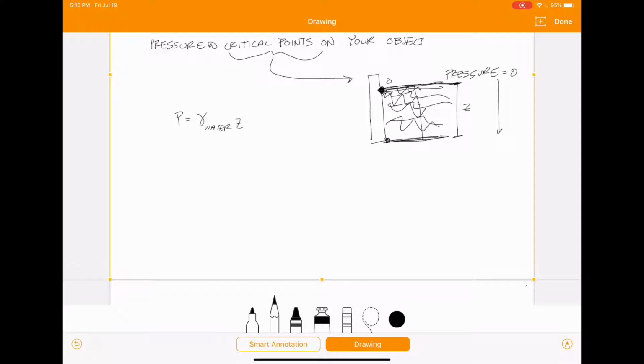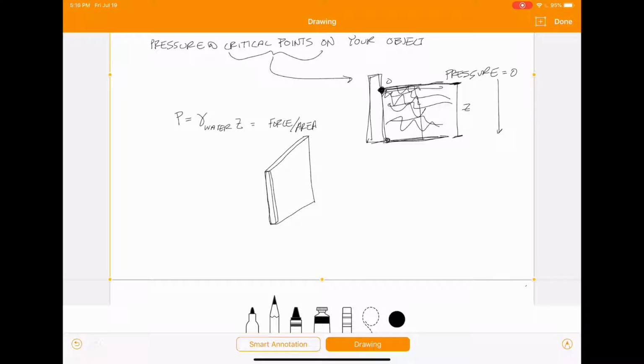So once you have your water pressure, this will give you units of force per area. So some area force. So if we draw a 3D version of this gate, so this gate here is this gate here.